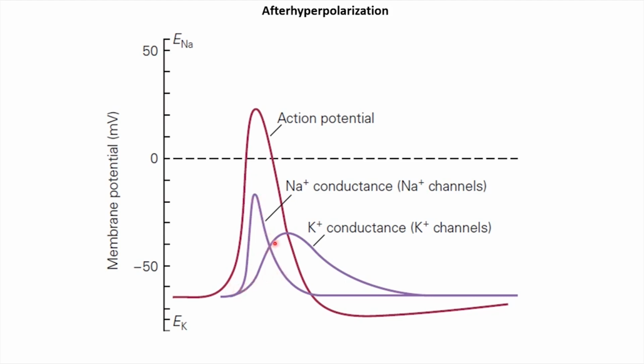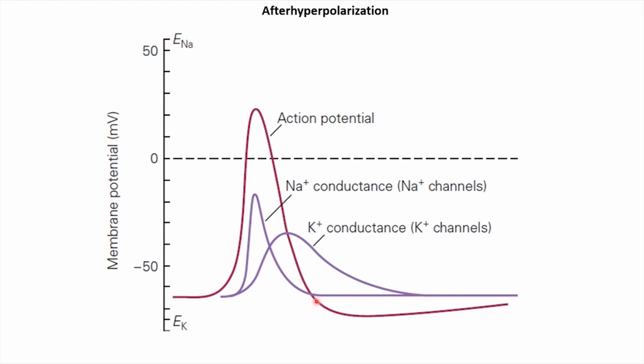While the potassium conductance increased a little bit later, but then it did not inactivate. So these potassium channels are still open at this point, and therefore the potassium ions keep on going out and the membrane keeps on becoming more negative. Because we have additional potassium conductance here, the membrane potential will go towards the equilibrium potential of potassium ions. So it will go towards minus 75 millivolts, but not below that.